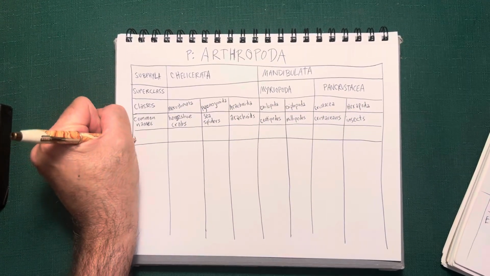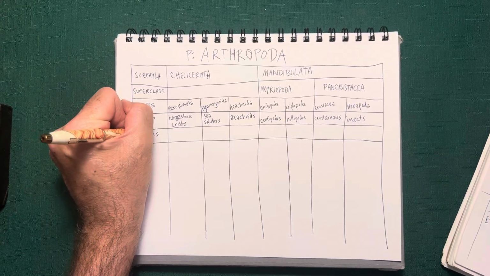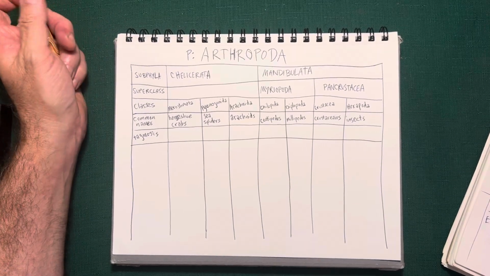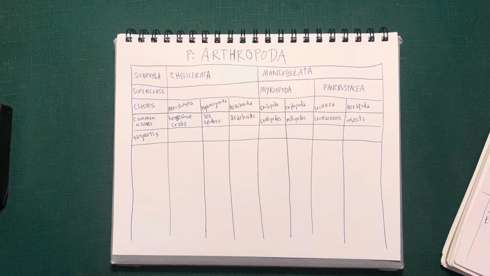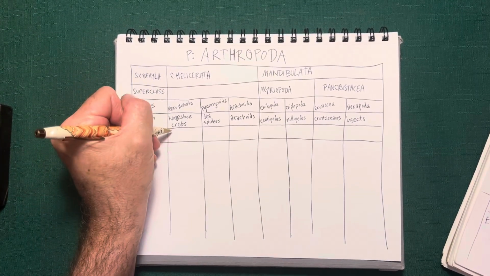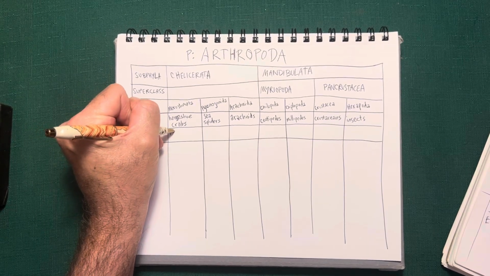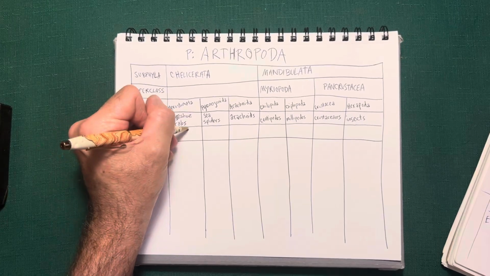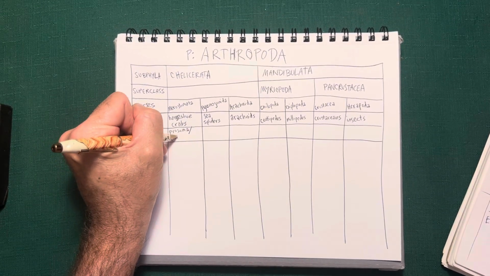Now let's talk tagmosis. So all of the arthropods have an exoskeleton, and that exoskeleton is arranged in such a way that we have different body regions. So in the Meristomata, we've got two body parts called a prosoma and an opistosoma.